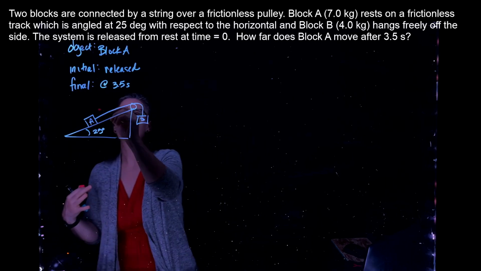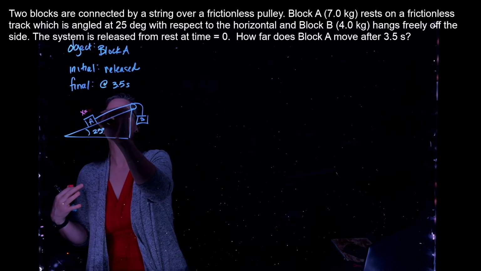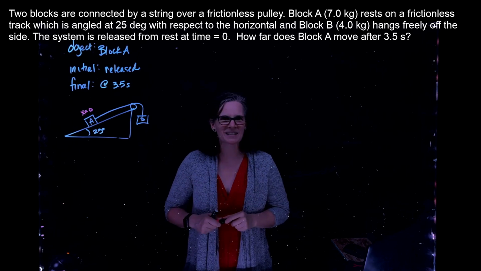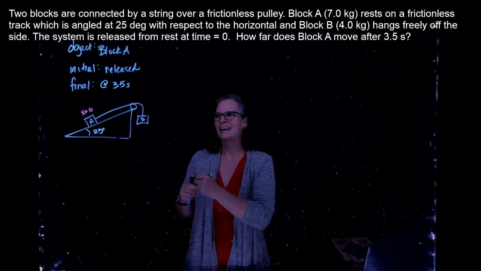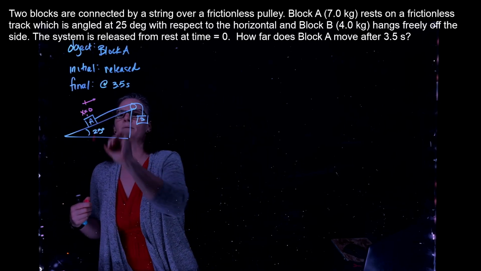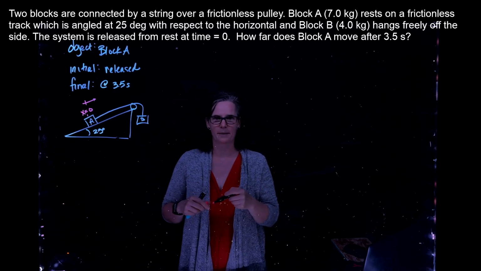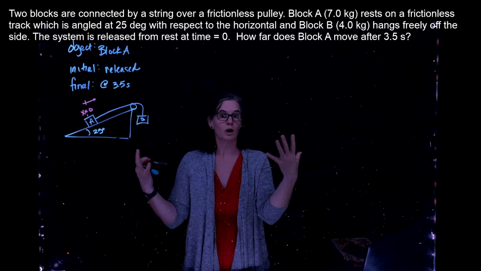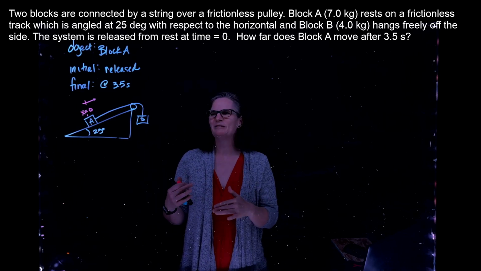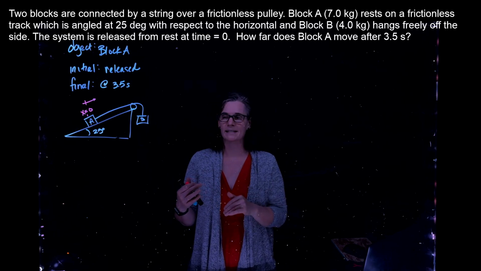I'm going to identify my origin here at x equal to 0 at block A. So the origin is always x equals 0. I'm going to identify it at the location of A. And I'm going to say that my positive direction is up the ramp. Okay, so we're identifying the world. Where's the block located? Where's the origin located? And what's my coordinate system?